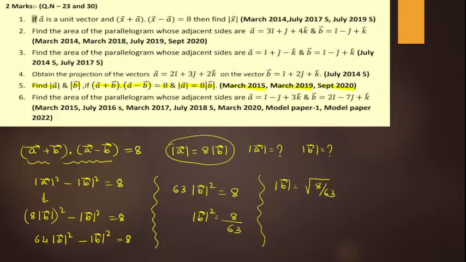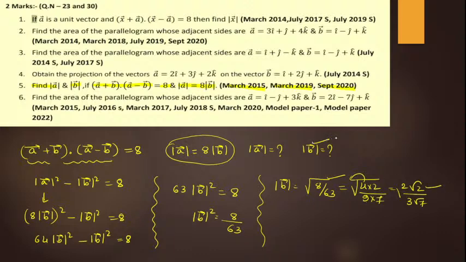You can write like this or you can simplify. Square root of 8 you can write as 4 into 2 and square root of 63 you can write as 9 into 7. So the square root of 4 will come outside, it is 2 root 2, because the square root of 4 is 2, and the square root of 9 is 3, it is 3 root 7. You can write this or this in the exam, no problem.